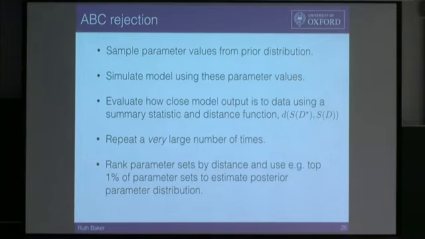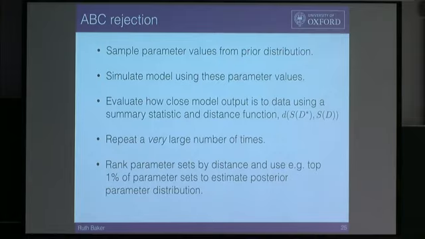I'm going to sample parameter values from that prior, simulate the model using these parameter values, and then evaluate how close the model output is to my in silico data using some summary statistics, S, and a distance function, lowercase d. So d star would be the data that I'm trying to estimate the parameters of, and d would be the data that came from the model. And I'm going to repeat this process a huge number of times.